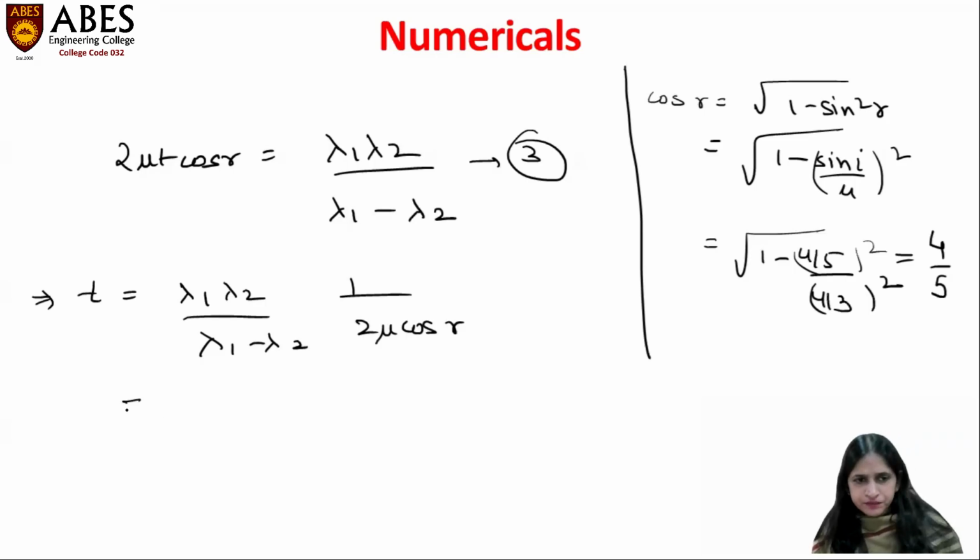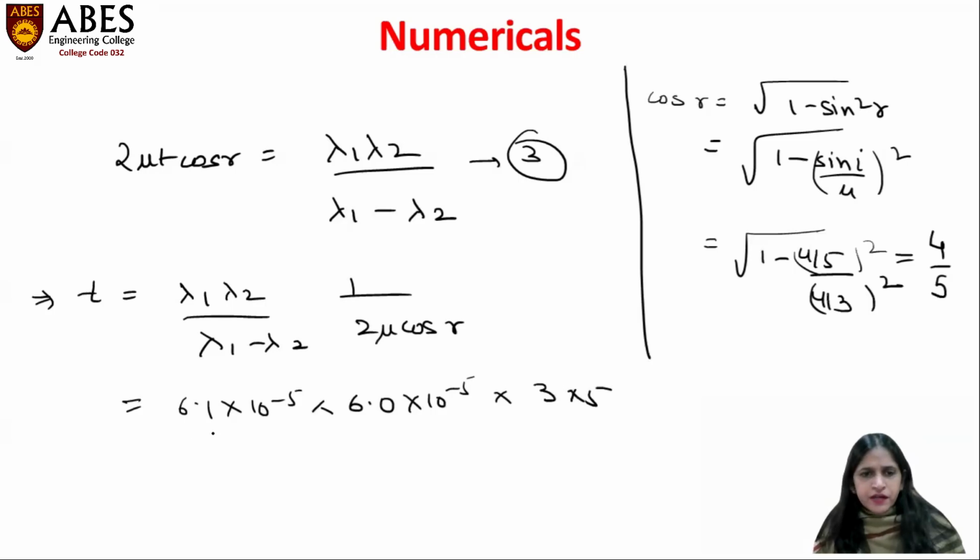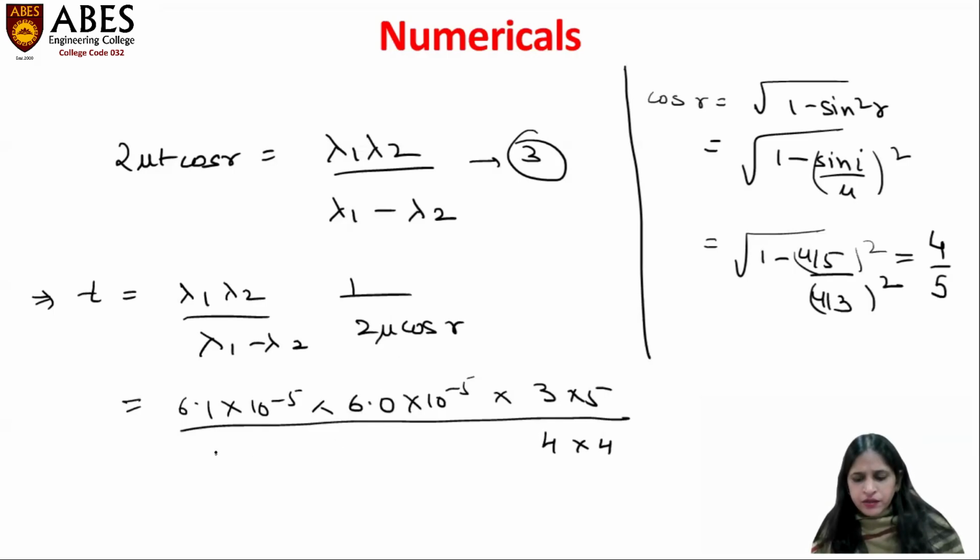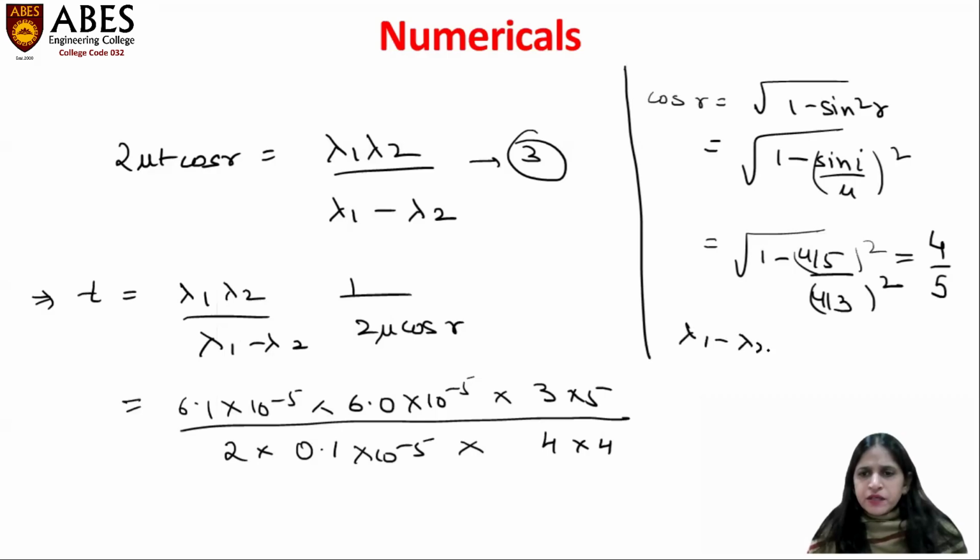Substitute all the values: 6.1 into 10 to the power minus 5 into 6.0 into 10 to the power minus 5, into 3 into 5 after putting the values of cos r and mu, over 2 into 4 into 4, and lambda 1 minus lambda 2 is 0.1 into 10 to the power minus 5.